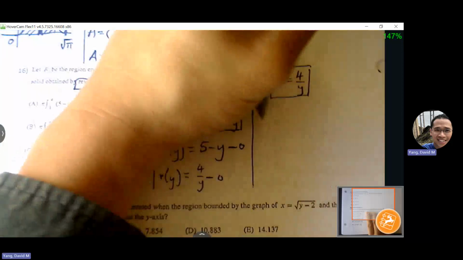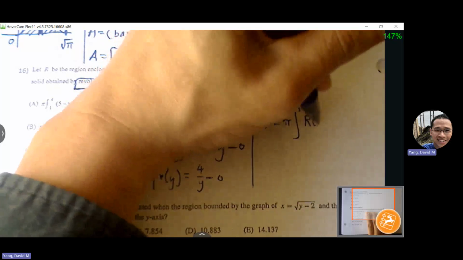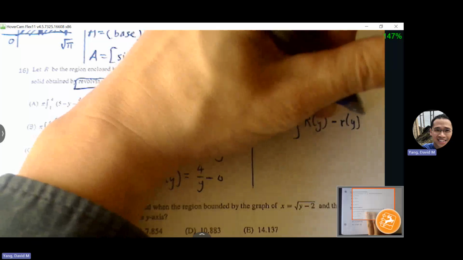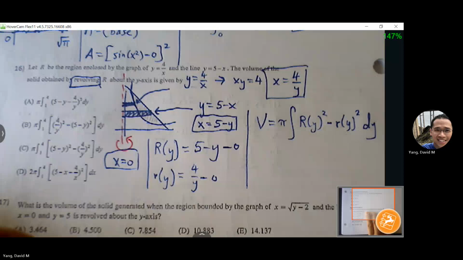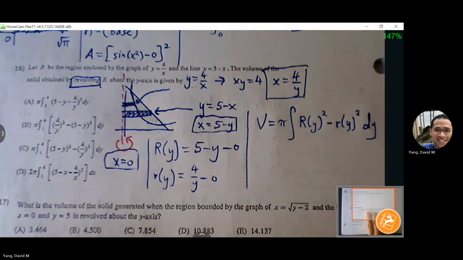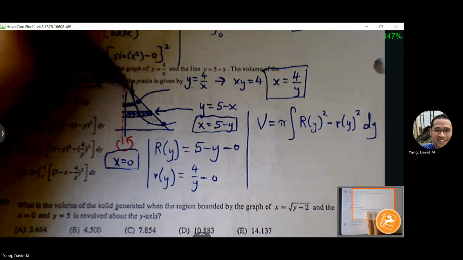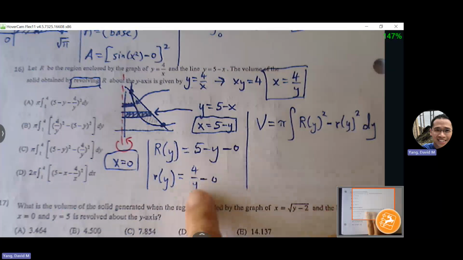So now our volume is pi times the integral of big radius squared minus little radius squared. Make sure that we're squaring each of our radii separately. And then our bounds are going to be our lowest to highest y value. So we can set these equations equal to each other and solve for y.